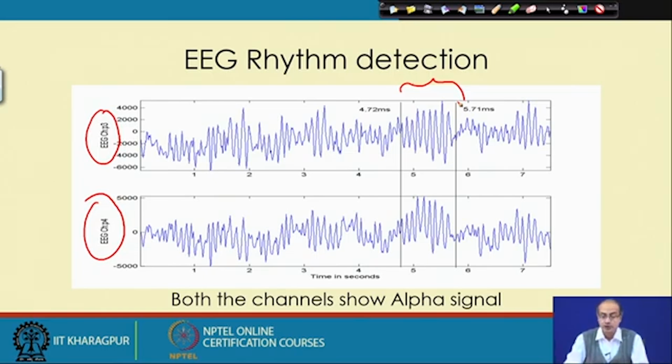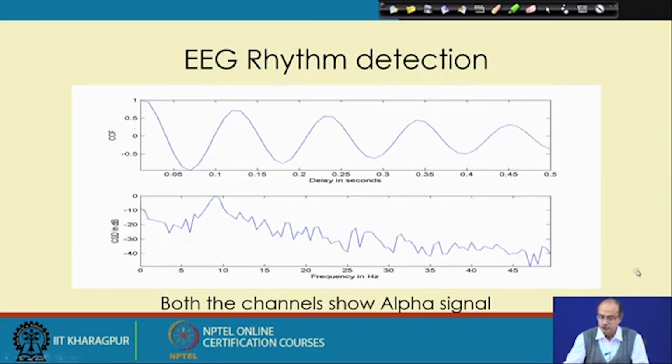If a doctor is present, they can judge this, but as biomedical engineers, how can we be sure that if one is alpha, the other one is also alpha, or for what span we can say that alpha wave is there?